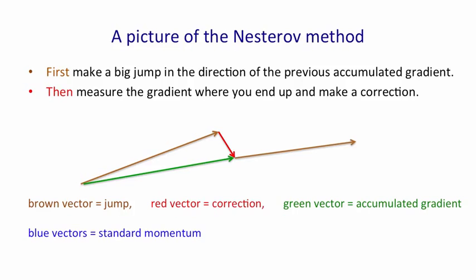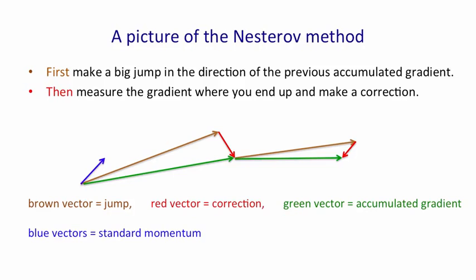Then again, at the place where we end up, we measure the gradient and we go downhill. That corrects any errors we made, and we get our new accumulated gradient. Now if you compare that with the standard momentum method, the standard momentum method starts with an accumulated gradient that's like that initial brown vector, but then it measures the gradient where it is.